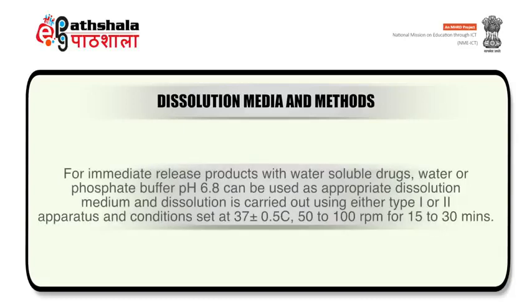Now, for immediate release products with water soluble drug, water or phosphate buffer pH 6.8 can be used as appropriate dissolution medium, and dissolution is carried out using either type 1 or type 2 apparatus and conditions set at 37 degrees Celsius, 50 to 100 rpm for 15 to 30 minutes.